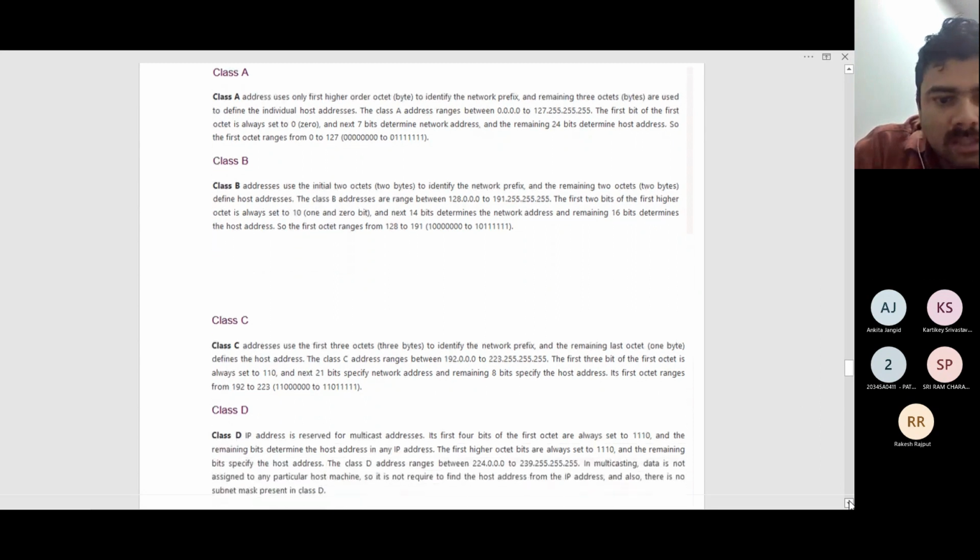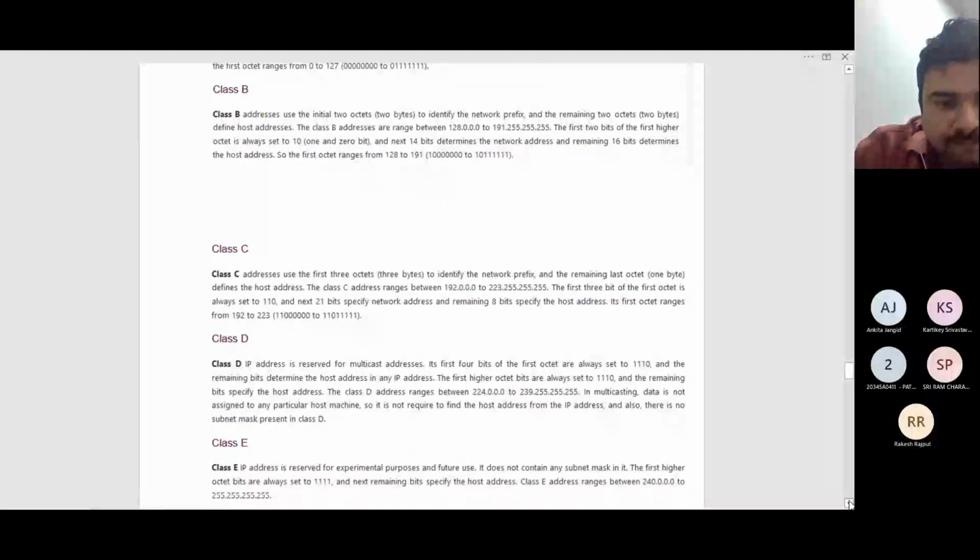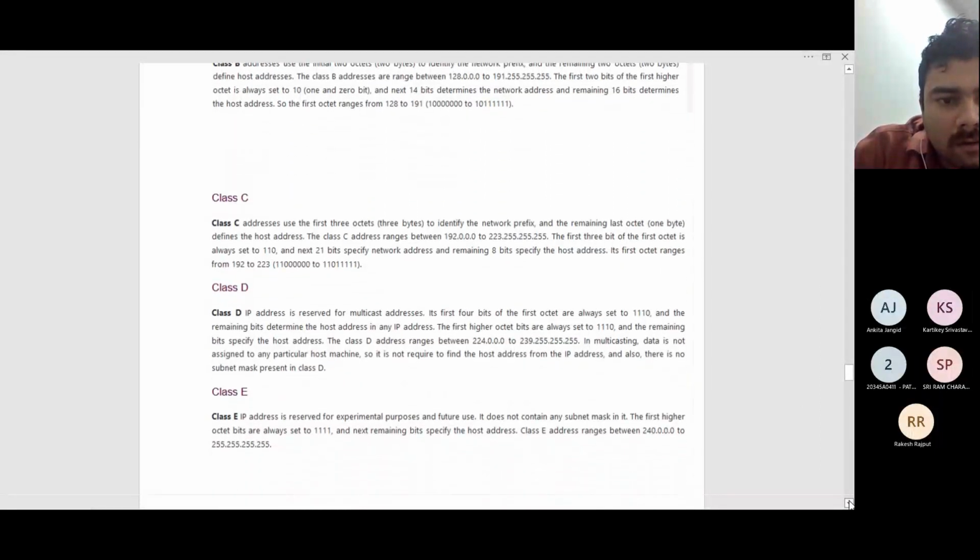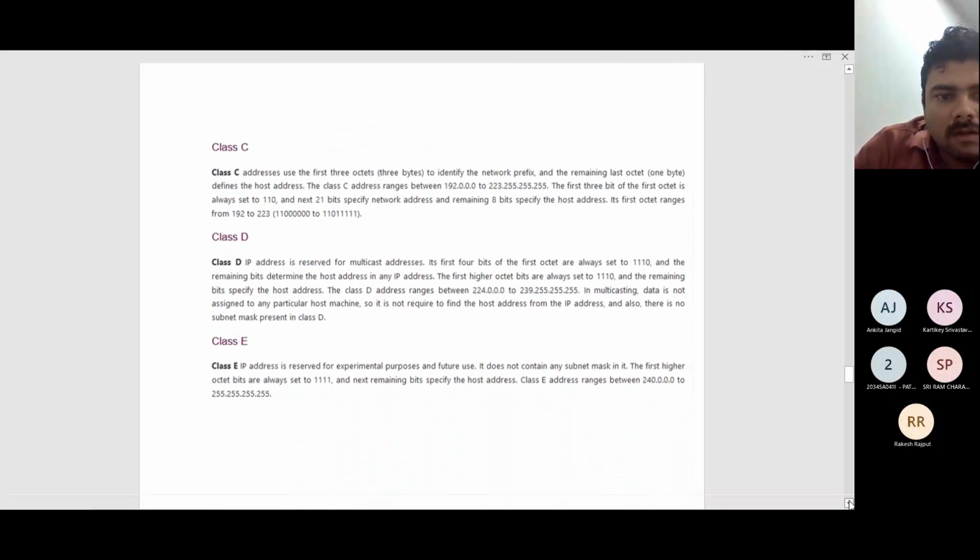Then comes Class C. Class C addresses use the first 3 octets to identify the network prefix, and the remaining last octet defines the host address. The Class C address range is between 192.0.0.0 and 223.255.255.255.